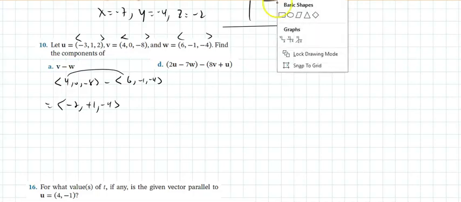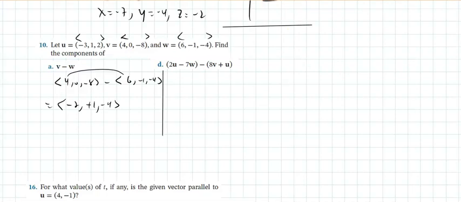And for part B, the work here is really reviewing vectors. If you've taken physics, if you've taken trig, you would really figure this out quickly. 2u is simply negative 6, 2, 4, minus 7 times v, that's 28, 0, and negative 56, minus, now here I'm going to figure this out and then subtract those.